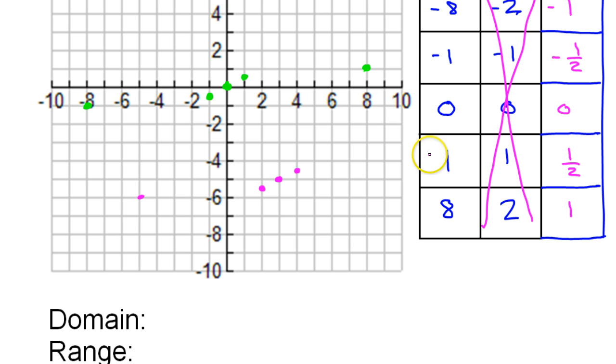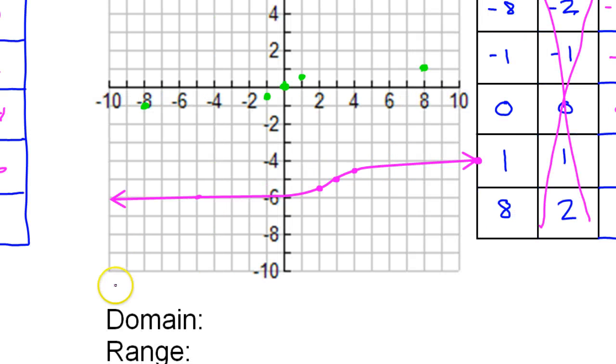It'll be about right there. Okay, so this will be the final graph, so we just need to draw a curve through this. So your graph should look like this.